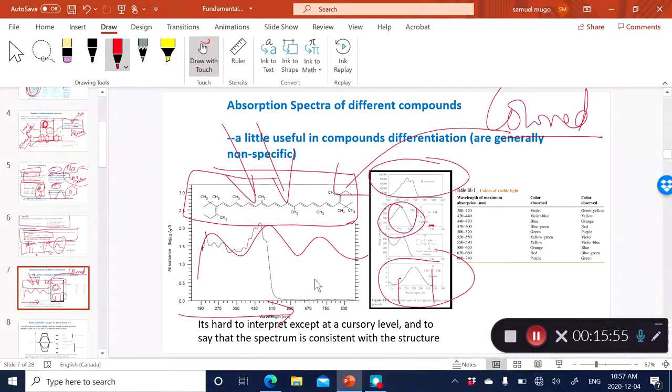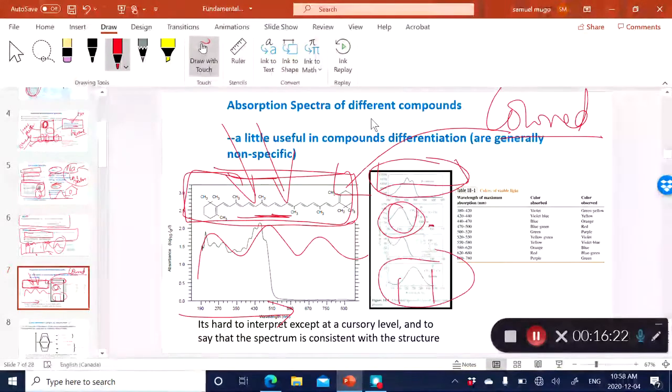So what I'm saying is absorption spectra is not very definitive when you're trying to differentiate different types of compounds, because it's not very nicely defined unless you're dealing with drastically different types of chemicals, such as retinol or beta carotene compared to acetone. But if the compounds are very closely related, you may not be able to see any major differences in the spectrum.